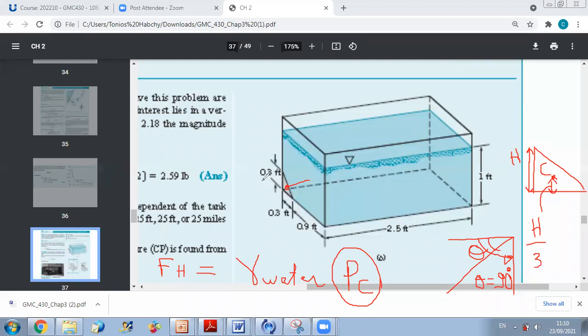Here the value of h is 0.3 feet. So the distance of C from the bottom is equal to 0.3 over 3, which is equal to 0.1.